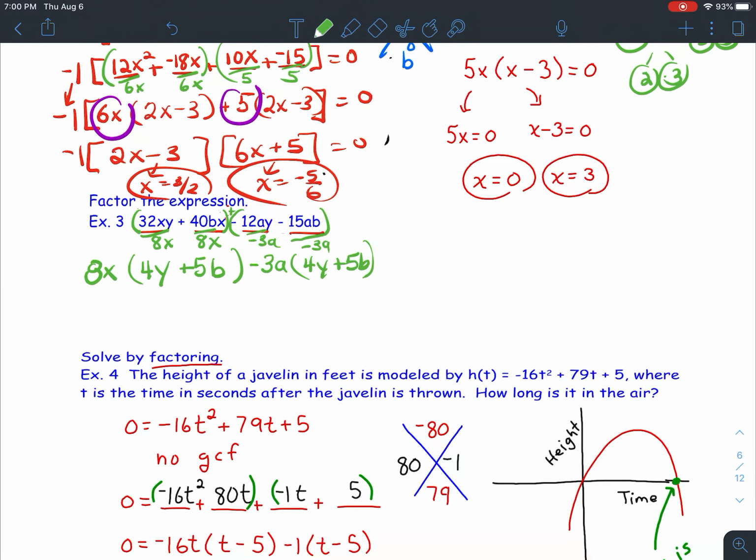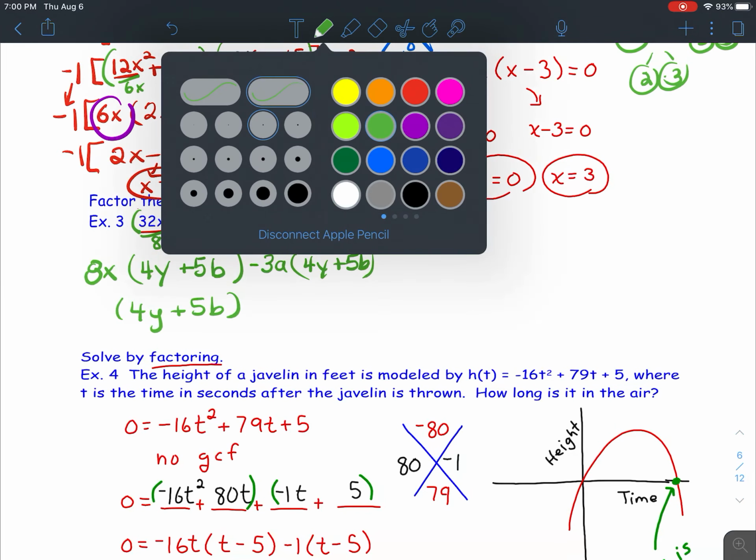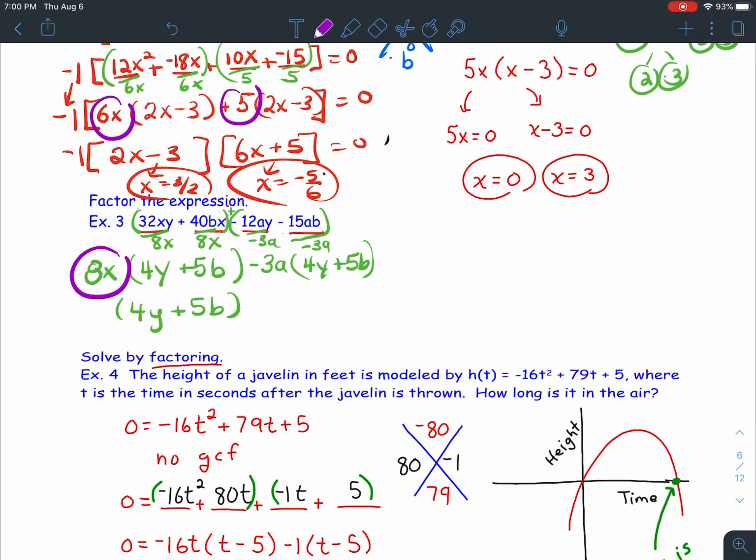So I'm going to divide each of these by negative 3a. Then I would leave behind 4y plus 5b. I'm now going to factor out the 4y plus 5b, and that means that I'm leaving behind in the second set of parentheses 8x minus 3a.